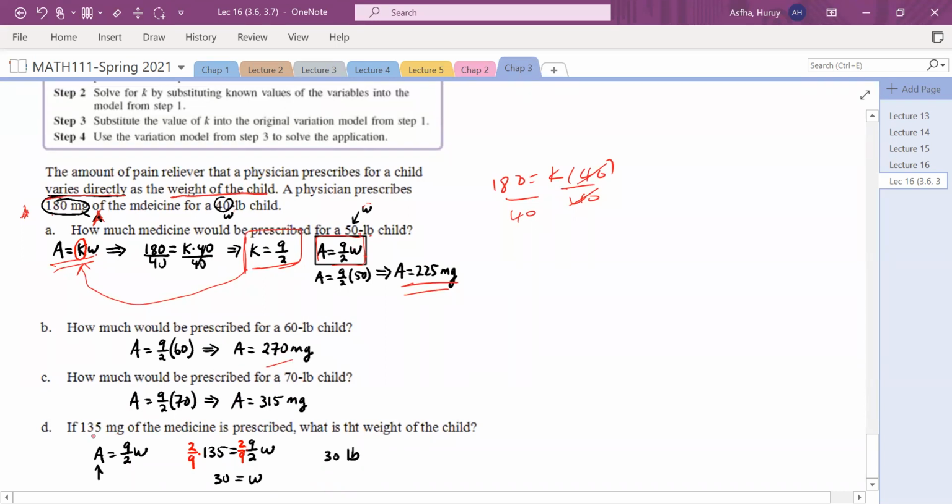And the next is, if 135 milligrams of medicine is prescribed, what is the weight of the child? So here is the other way around.